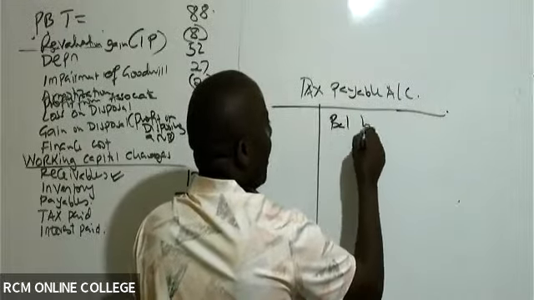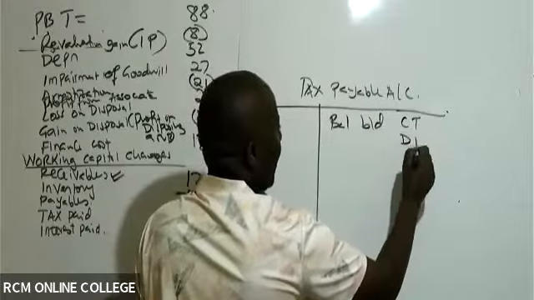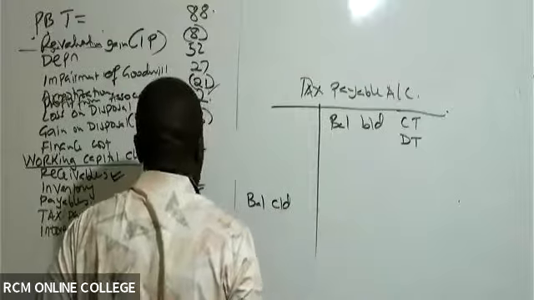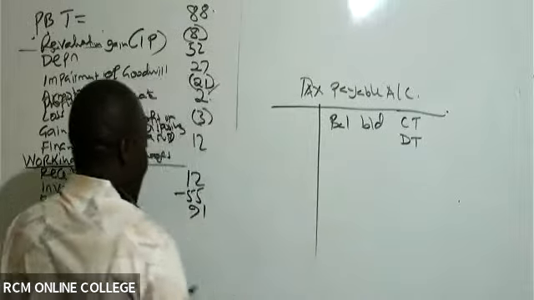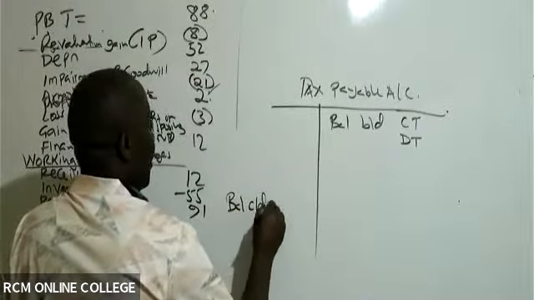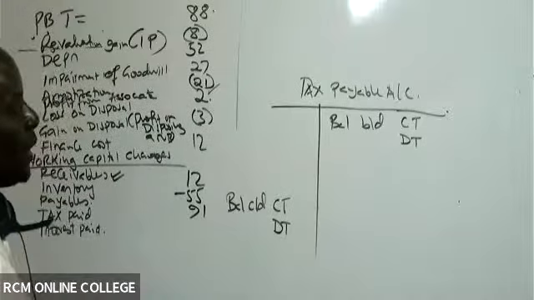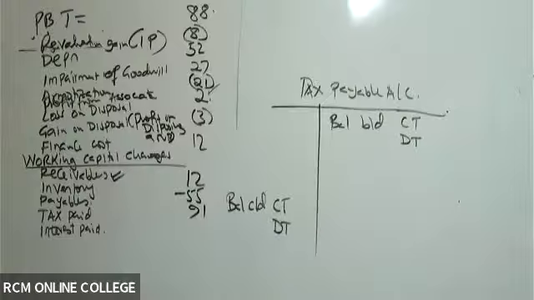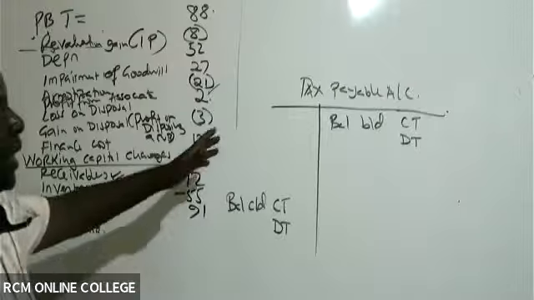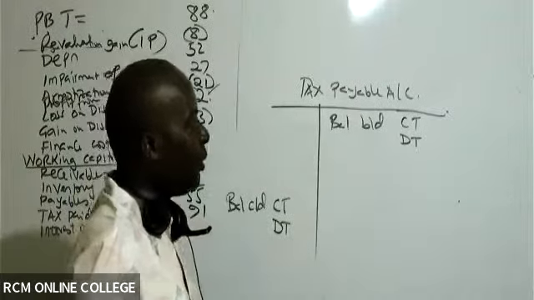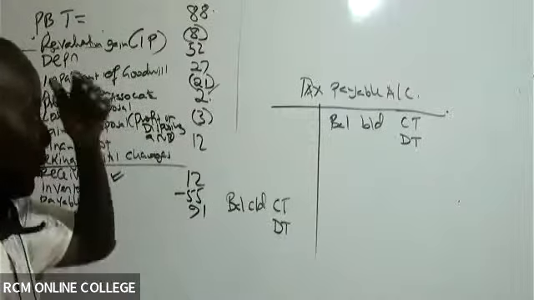So give me balance brought down, current tax, deferred tax, balance carried down. CT stands for current tax, DT for deferred tax. Very easy. Remember, tax payable is a liability account, so we bring down on the credit side.